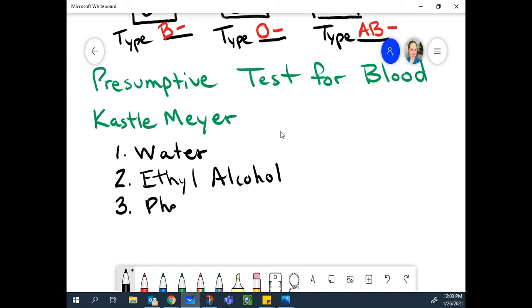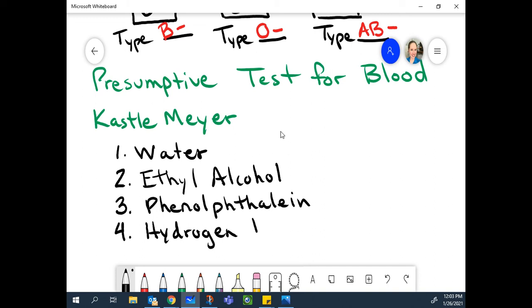Then we added the really scary looking word, the phenolphthalein, which was an indicator that will turn pink if the next step reacts. And this is where people would get a little stumped, because hydrogen peroxide is actually what is causing the blood to react, right?